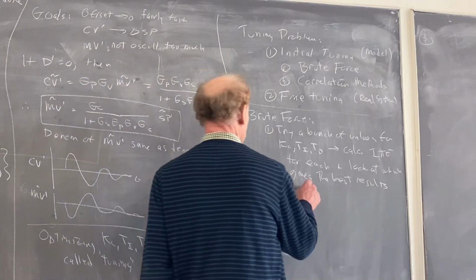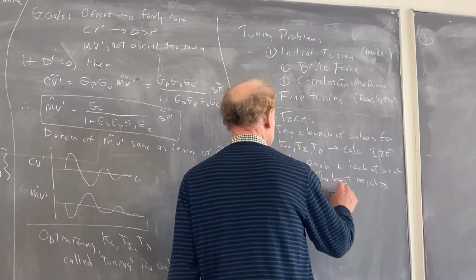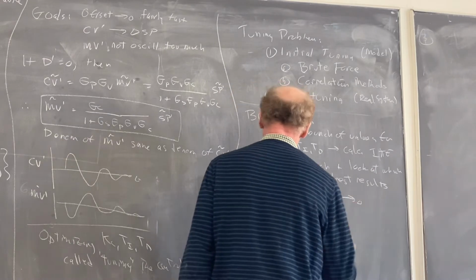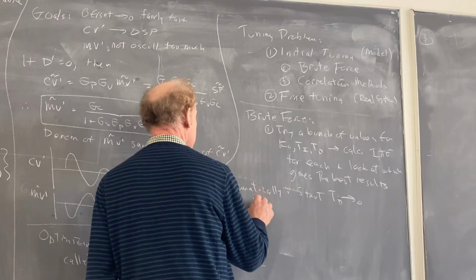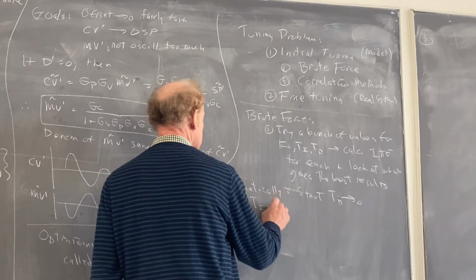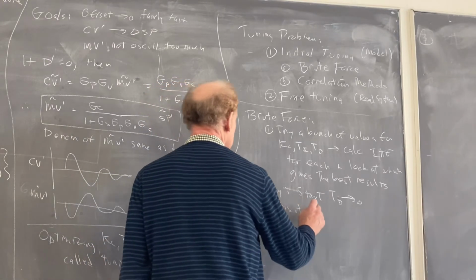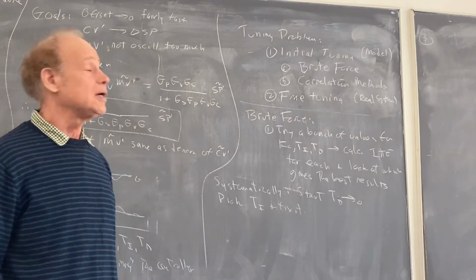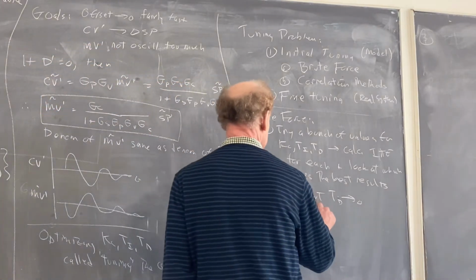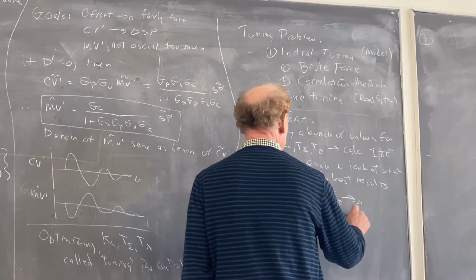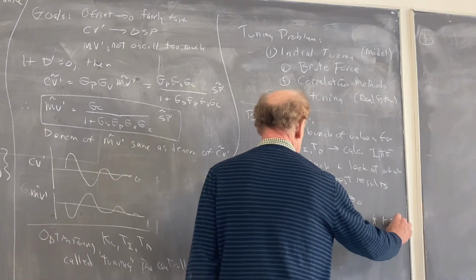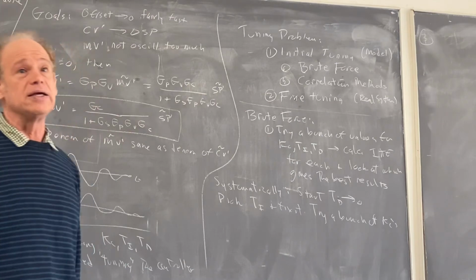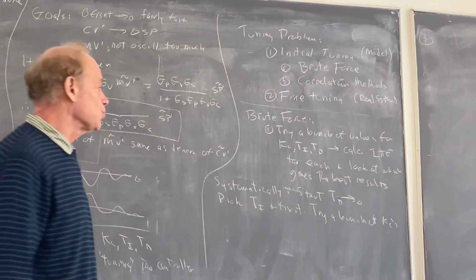So start by setting TD to 0. And then pick a value of Ti and fix it. And then try a bunch of KCs and calculate the IAEs. And then pick the best one.